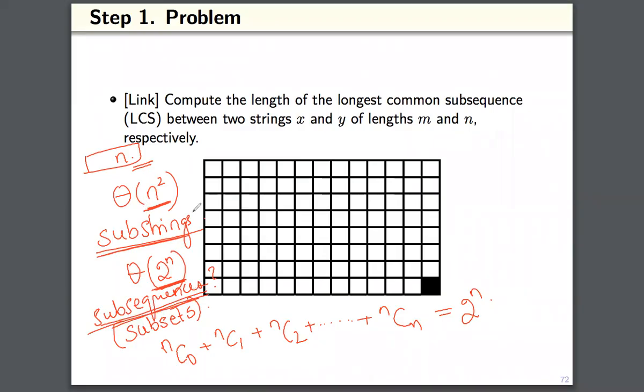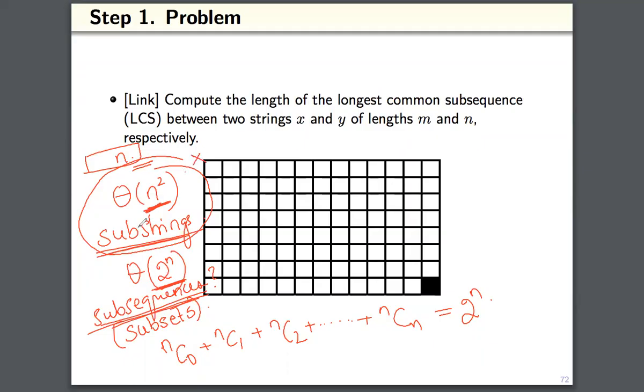So if you look at it, the number of substrings themselves was n squared in the previous problem. So it was already polynomial time. The number of substrings itself was polynomial. We could have applied any normal recursive algorithm to solve the problem.